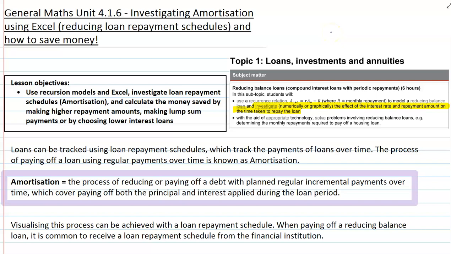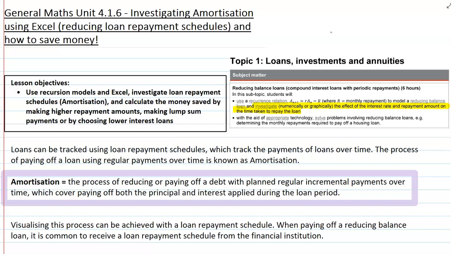Today's lesson is from Unit 4 of the Queensland General Maths program, and we're looking at investigating amortisation with the help of Excel, which is looking at reducing loan repayment schedules, and as part of that we're looking at how to save a bit of money. So the lesson objectives today is using recursion models as well as Excel.